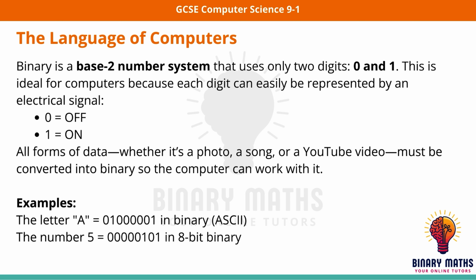This makes it simple and reliable. Here's a neat example. The letter A on your keyboard. In binary, that's 01000001. And the number 5, that's 00000101. All the images, music, and videos you use on your devices are really just very long strings of zeros and ones under the hood.